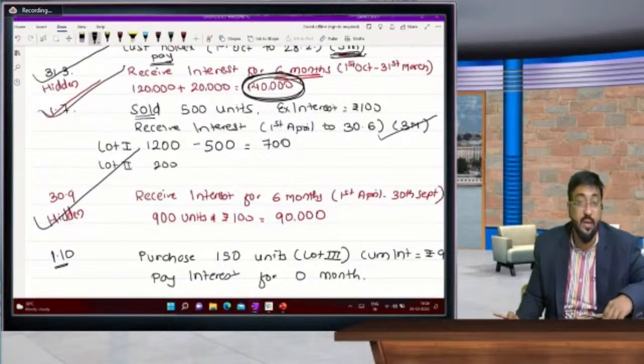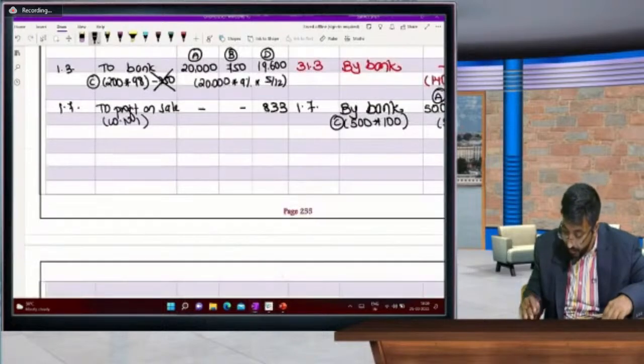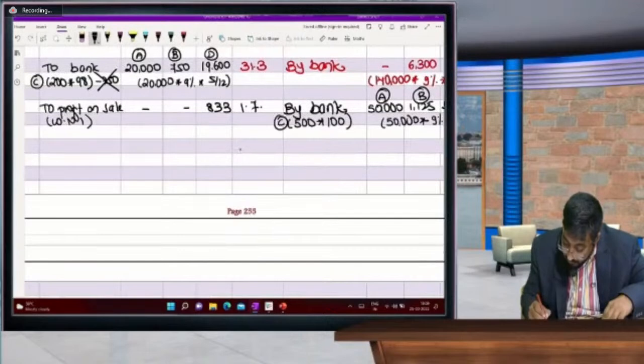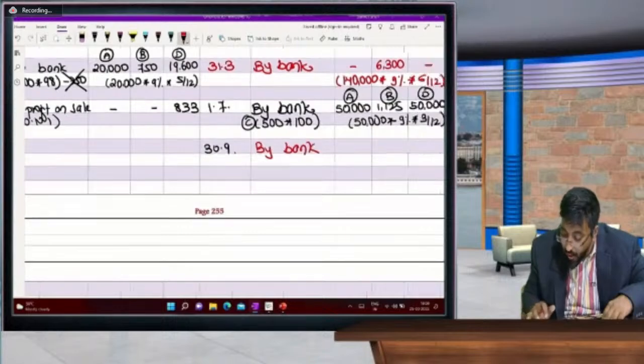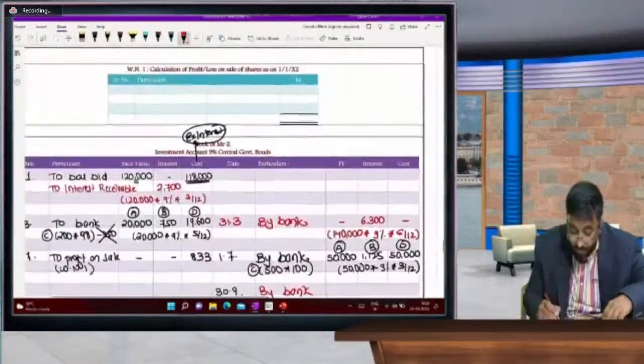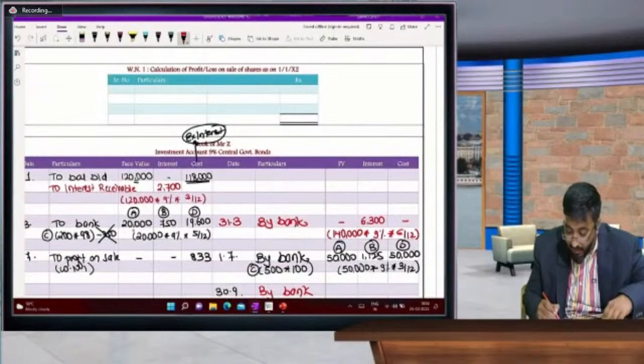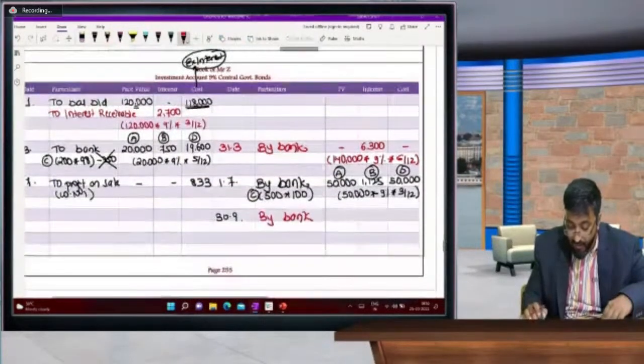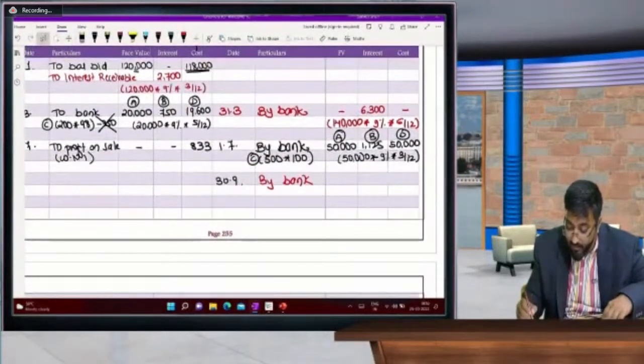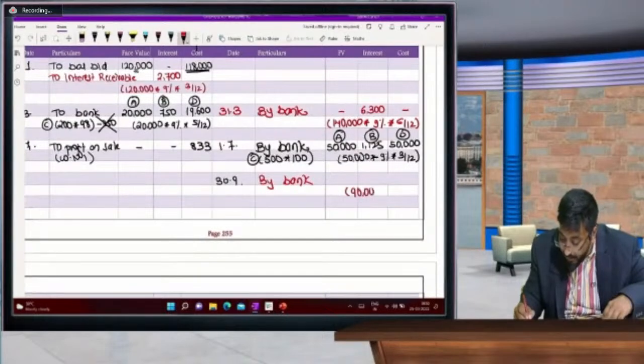One more interest date. So this is, yes beta, 30th September. Hidden entry by bank. Now how many debentures you have? See, starting में 120 plus 20 minus 50, 140 minus 50, 90, and 90,000 into 9% into 6 by 12.